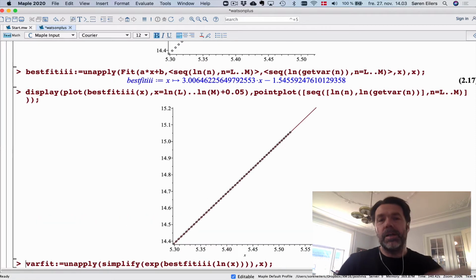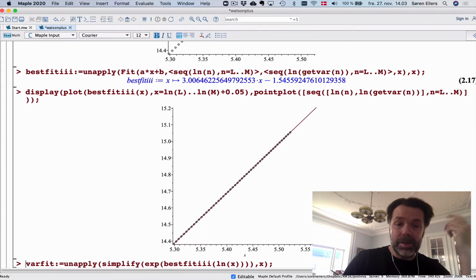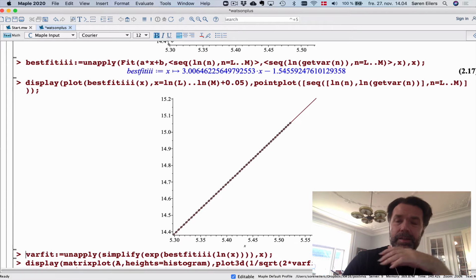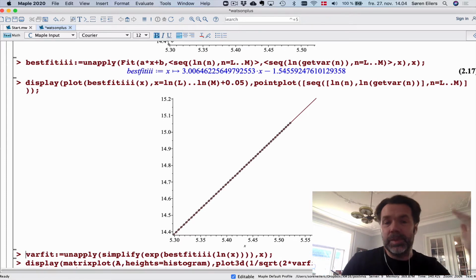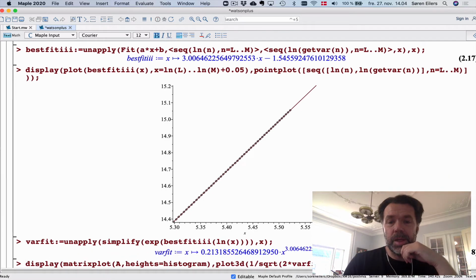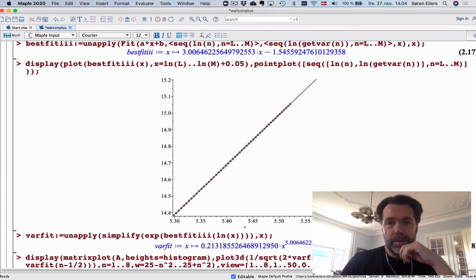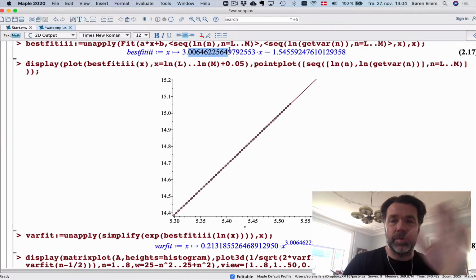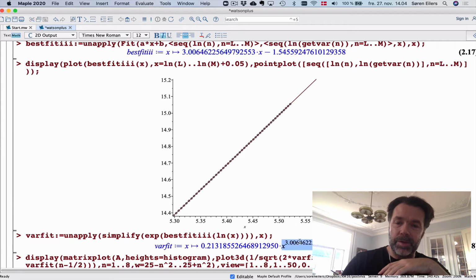Right? So the observations and the plot seem to go along very nicely, and I could take my fit to the transformed values and make it back into the fit of the actual values, and these numbers come out. The number that I had up here, which was the slope of the line, comes out as a power of 3, and then this number here is the exponential, I think, of this number here.